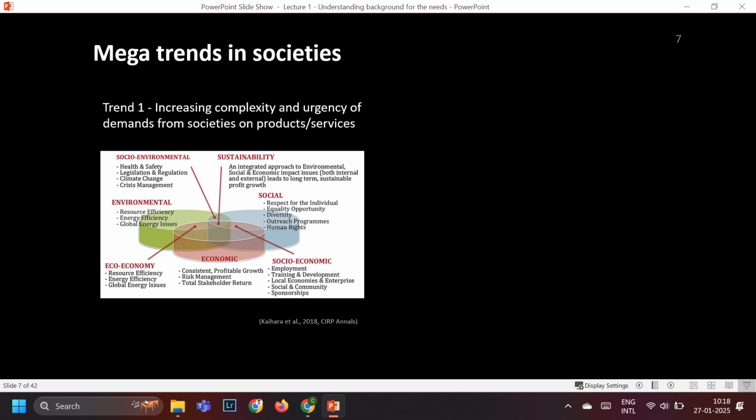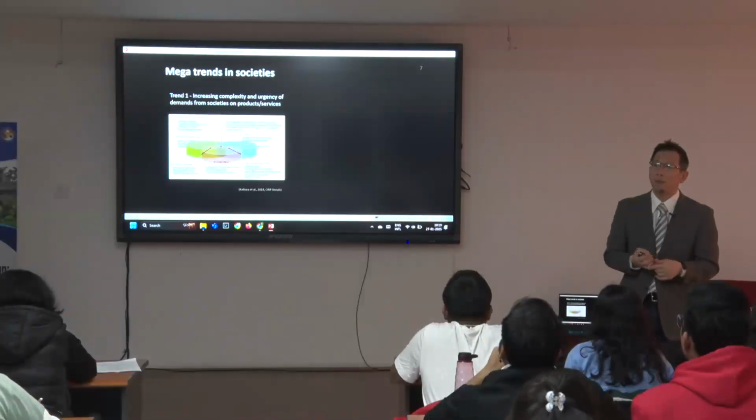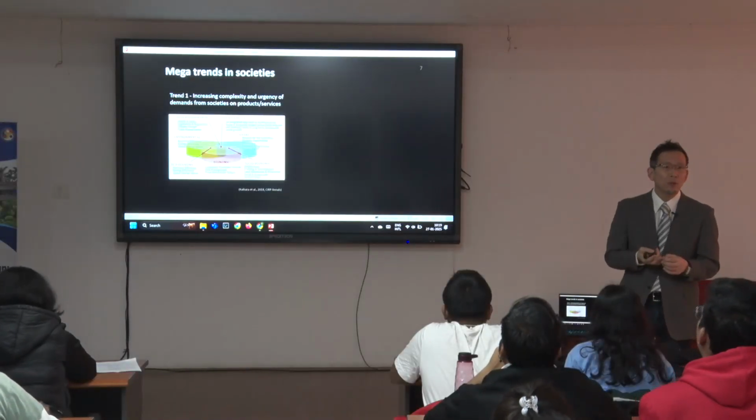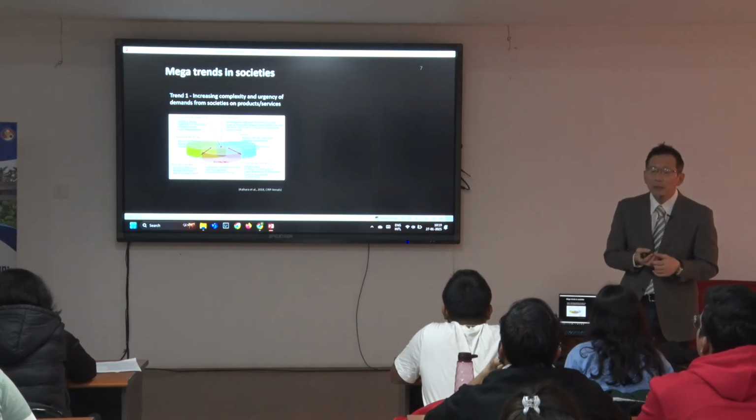The first one is the societal demands for research and innovation has become so complex. So their needs and wants are multi-layered and interrelated with each other, so they are complex. For example, taking sustainability as an example, it has 3 pillars, as you know, environmental, social, and economic.